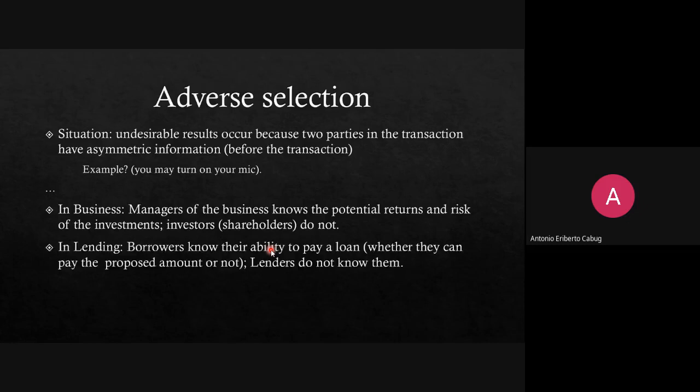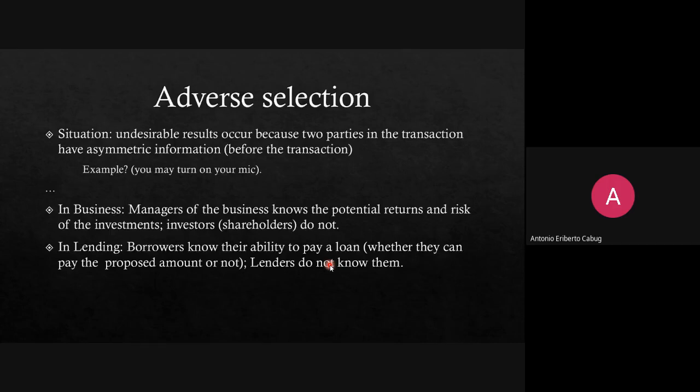Going to the example of Ms. Bautista, lending, borrowers know their ability to pay a loan, whether they can repay the proposed amount or not. Now, lenders do not know them. This is what we call adverse selection.